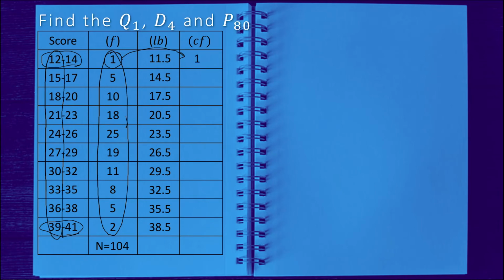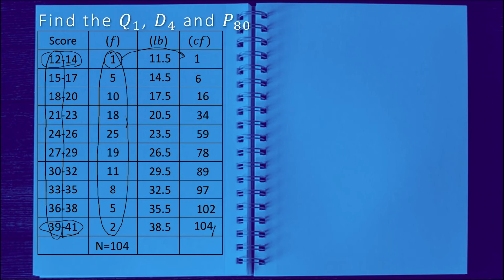And then, cumulative na. 1 plus 5 is 6. 6 plus 10 is 16. 16 plus 18 is 34. 34 plus 25 is 59. 59 plus 19 is 78. 78 plus 11 is 89. 89 plus 8 is 97. 97 plus 5 is 102. 102 plus 2 is 104.